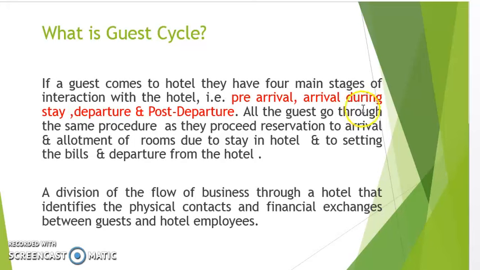All the guests go through the same procedure as they proceed from reservation to arrival and allotment of rooms, during stay in the hotel, settling the bills and departure from the hotel. It is a division of the flow of business through a hotel that identifies the physical contacts and financial exchanges between guests and hotel employees.